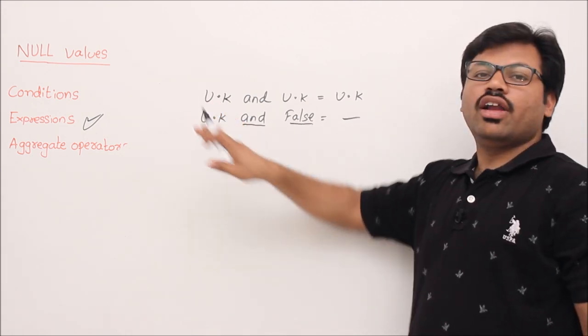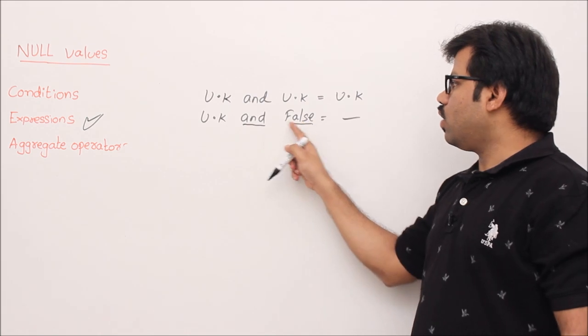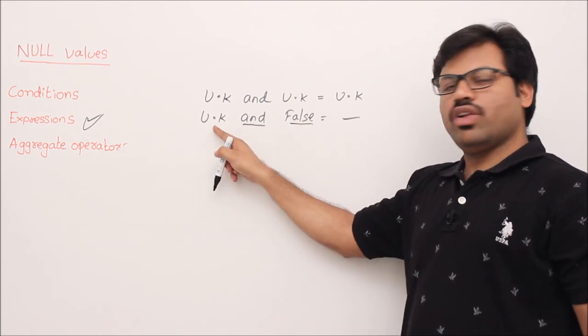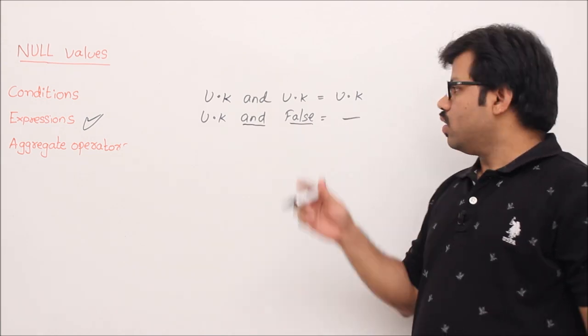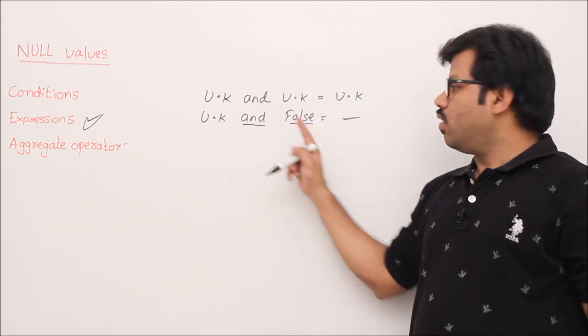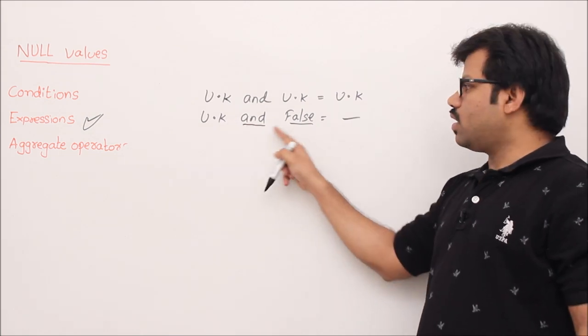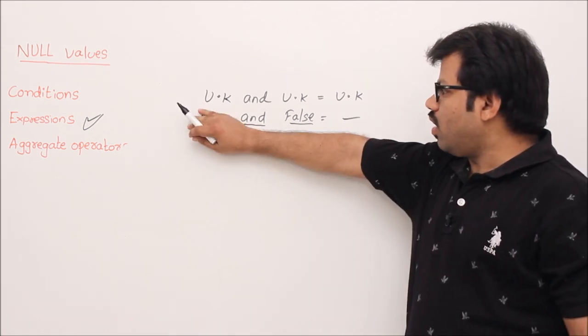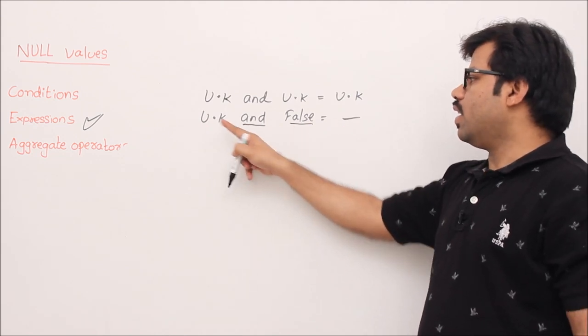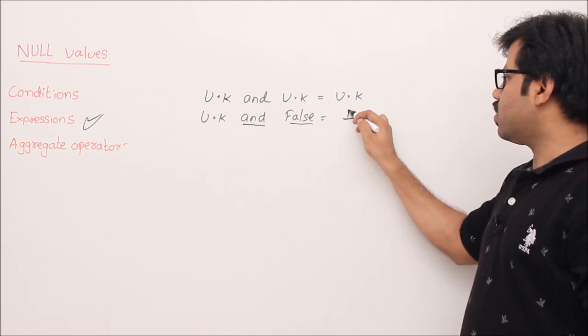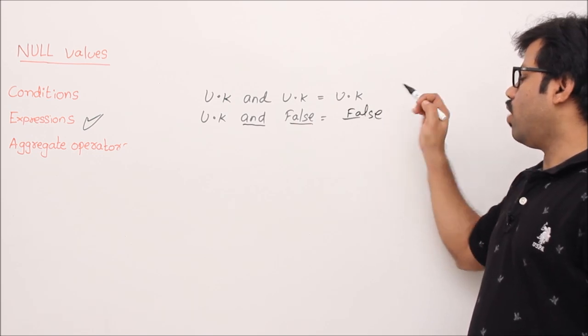If the unknown value is true, then true AND false is false, correct? If the unknown value is known and it is true, then true AND false is false. And if unknown is false, false AND false is false. So it does not depend on the unknown value, correct? Irrespective of the unknown value, unknown AND false is supposed to be false. So it should be false.